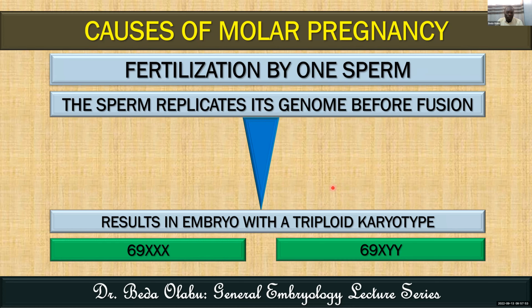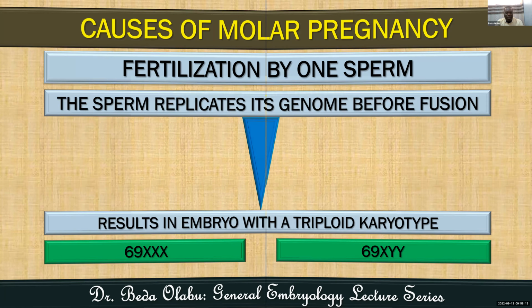You cannot have 69XXY in this case. Either way, this one will still give you partial molar pregnancy, where we have vesicular proliferation of placenta, but we also have fetal parts present.